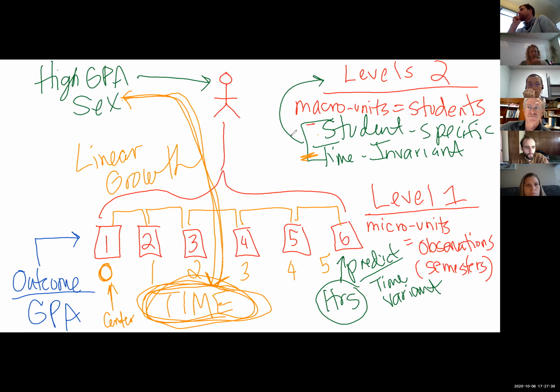To offset only having 6 observations, we probably need 100 or 200 students. Remember, sample size is not one or the other, it's the combination of the two. So even though we only have 6 time points, 600 students combine to make 1,200 semesters. Is that enough power? Well, it depends on the effect size, the ICC, sparsity, these kinds of things.